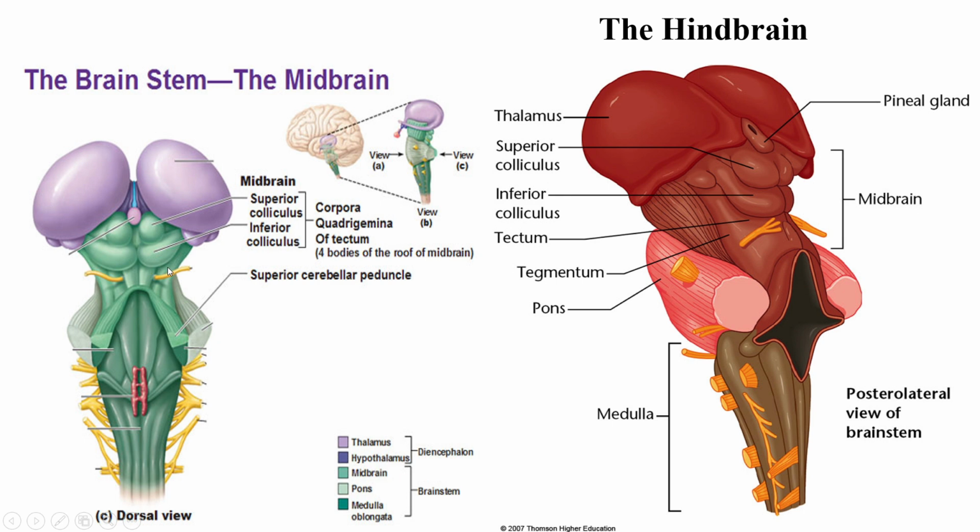So the one on my left, you have the purple looking structure plus the deep purple and then the midbrain itself. So you have the thalamus, the midbrain, and the hypothalamus forming, you can't see them quite here, but those form what is known as the diencephalon.